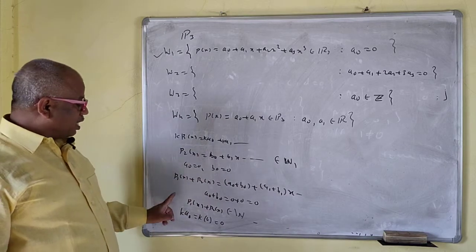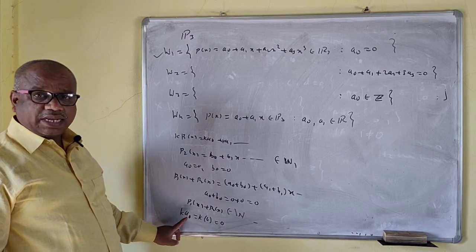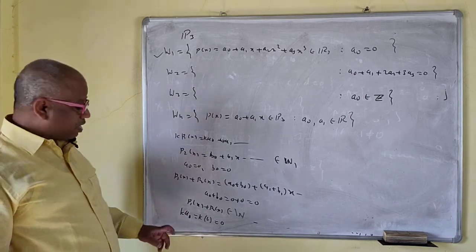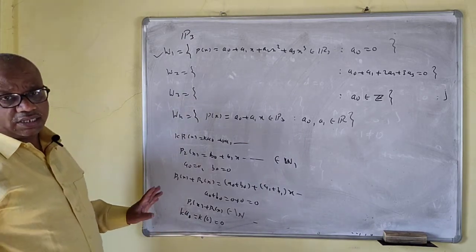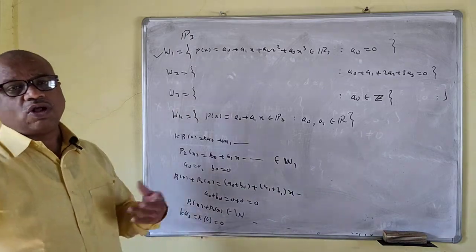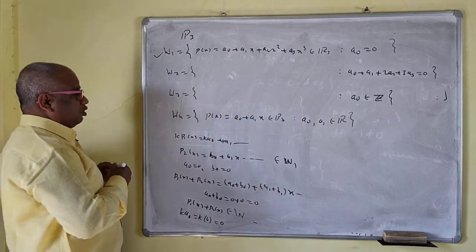But the last one is k times a0. We don't have a guarantee for k a0. If k is an irrational number, then k a0 will not be an integer. So that means this W3 is not a subspace.